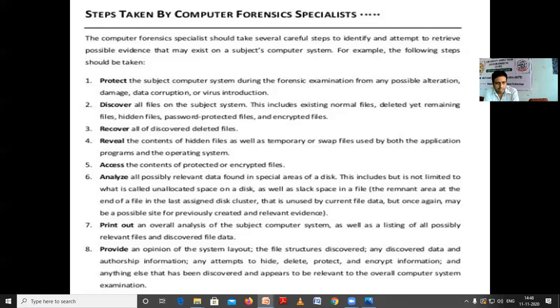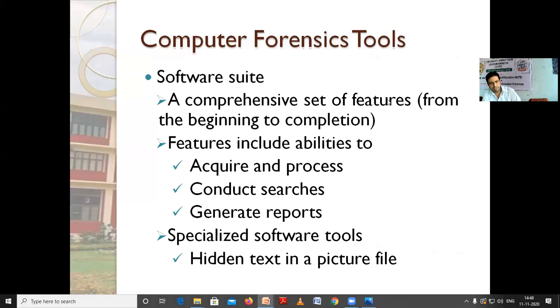They recover all discovered deleted files, reveal the contents of hidden files, access the contents of protected or encrypted files, analyze all possibly relevant data found in special areas of the disk, print out an overall analysis of the subject computer system, and provide an opinion of the system layout, that is the file structure discovered, any discovered data, or authorship information. So these are the steps by which computer specialists perform the various jobs.